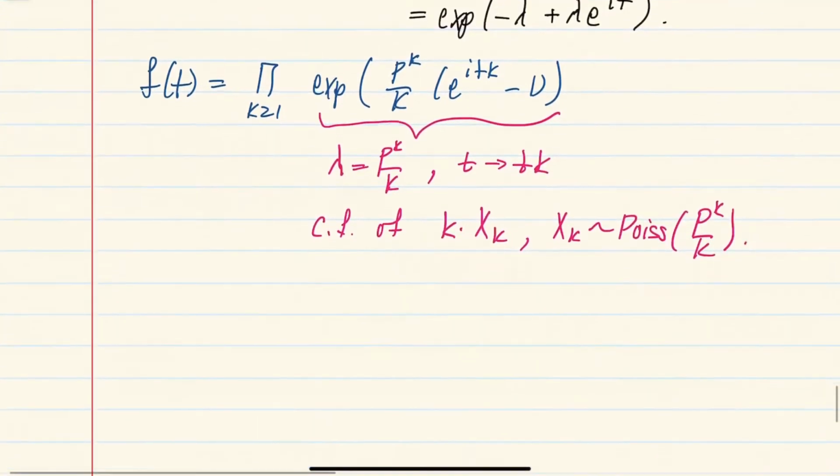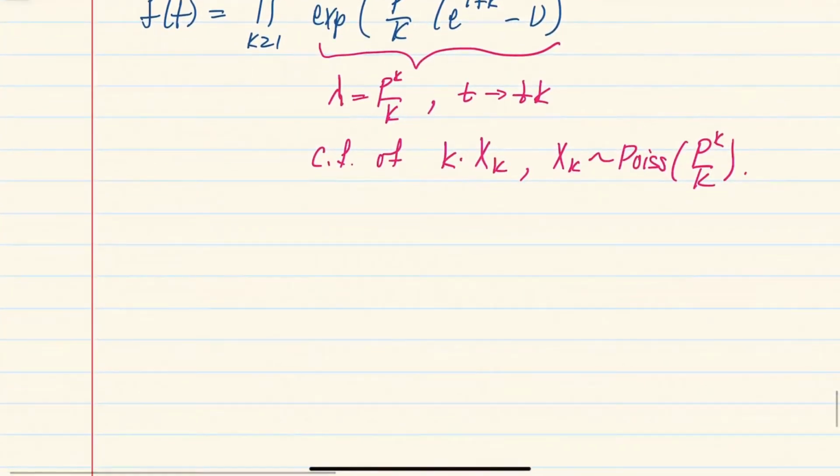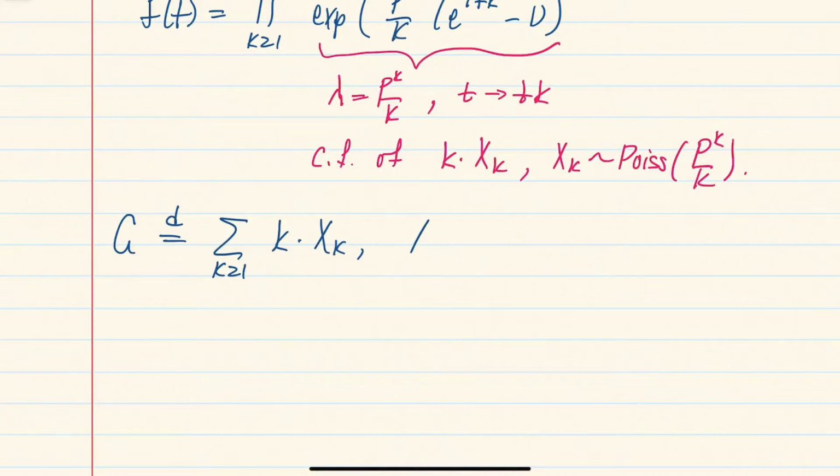And since the product of characteristic functions just corresponds to taking a sum of independent random variables, this suggests that the geometric random variable can be written as a series over k of k times Xk, where all of these Xk's are independent Poisson with parameter p^k over k.